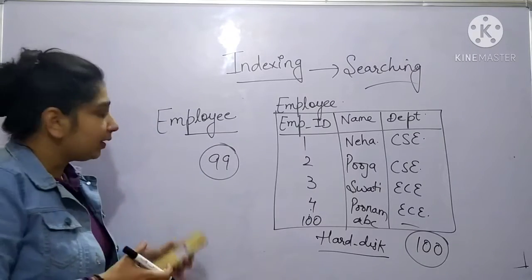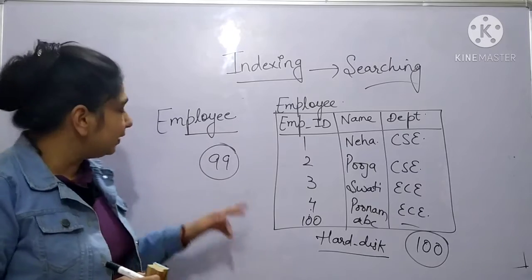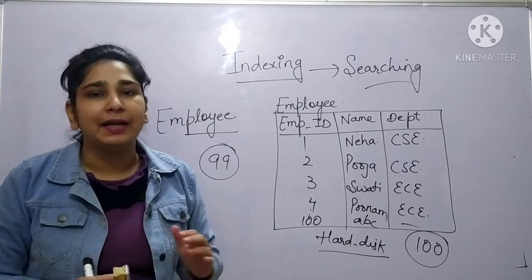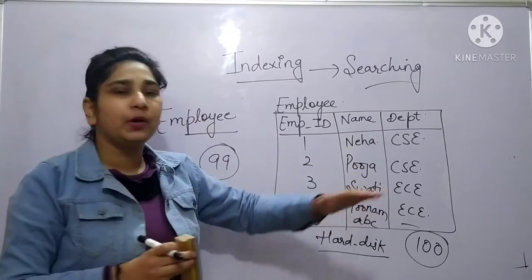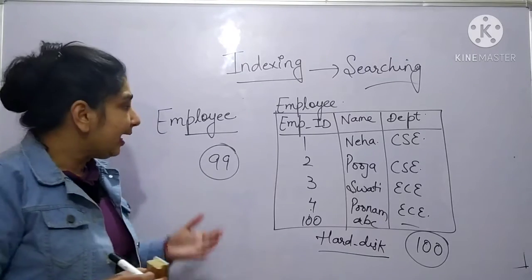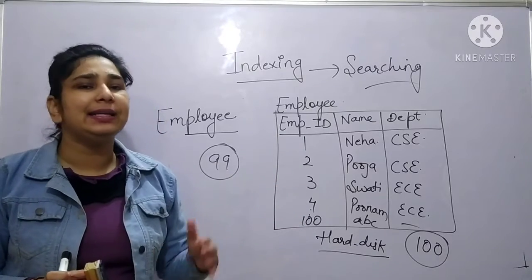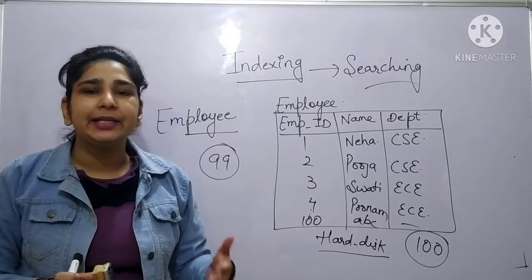The user is giving a query to fetch the detail of the employee having employee ID 99. As a human being, we can easily see the value 99 and fetch the detail of that employee.